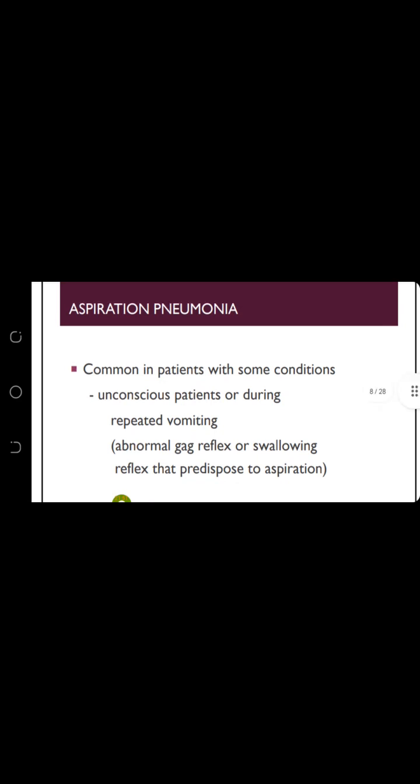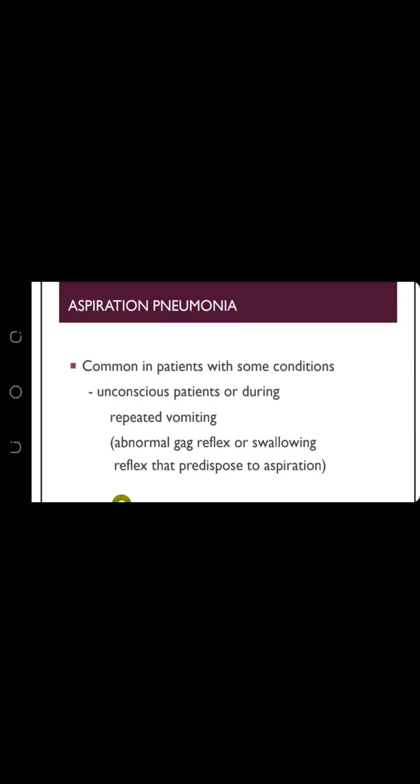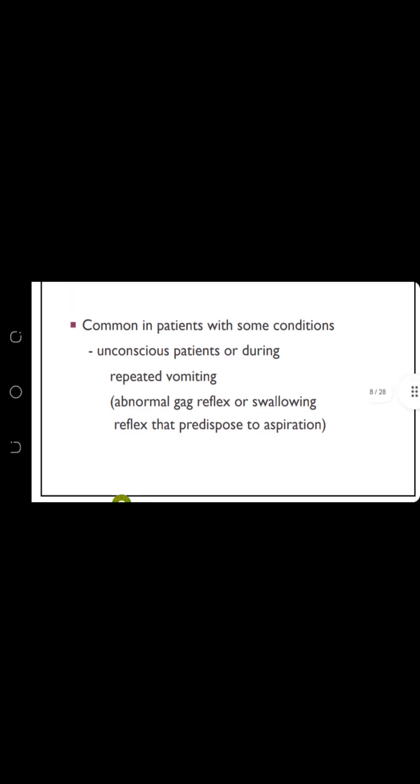Now remember, we have what we call aspiration pneumonia. Aspiration is when, like, we've got those aspirators, the ones that help people to breathe, especially those people that have difficulties in breathing. This one is common in patients with some conditions such as an unconscious patient or during repeated vomiting.